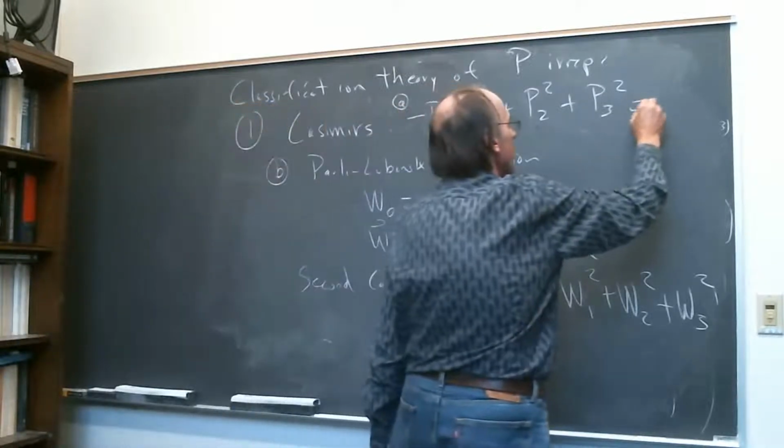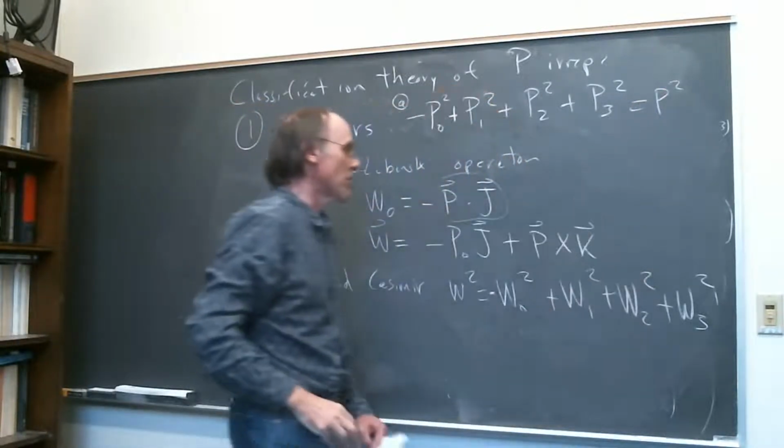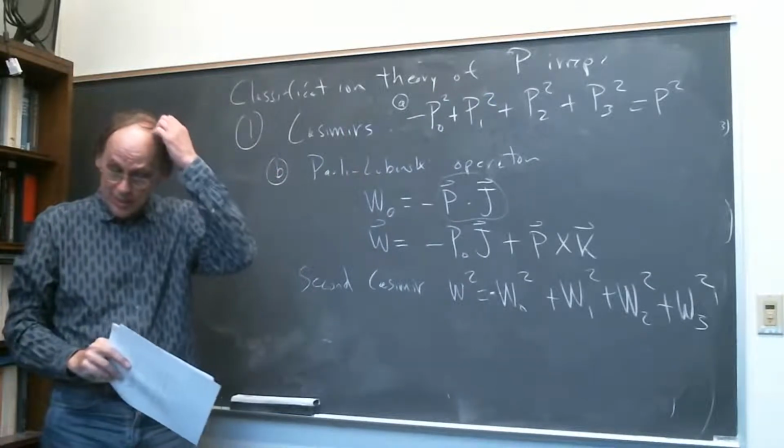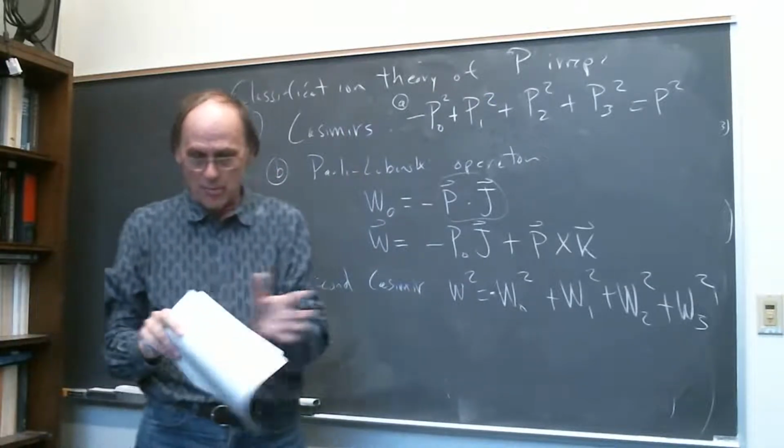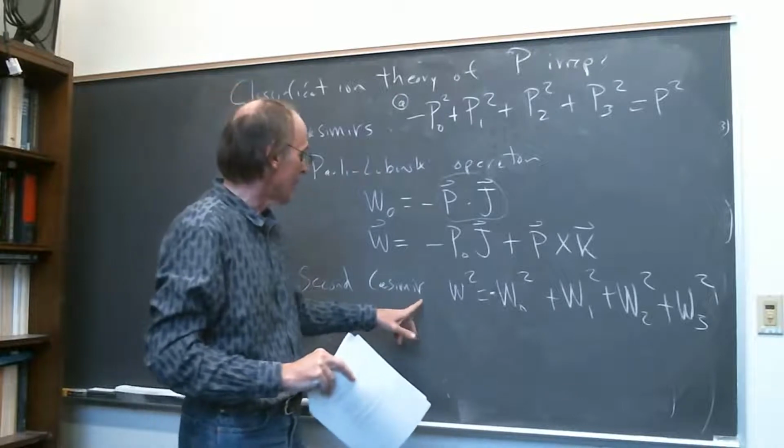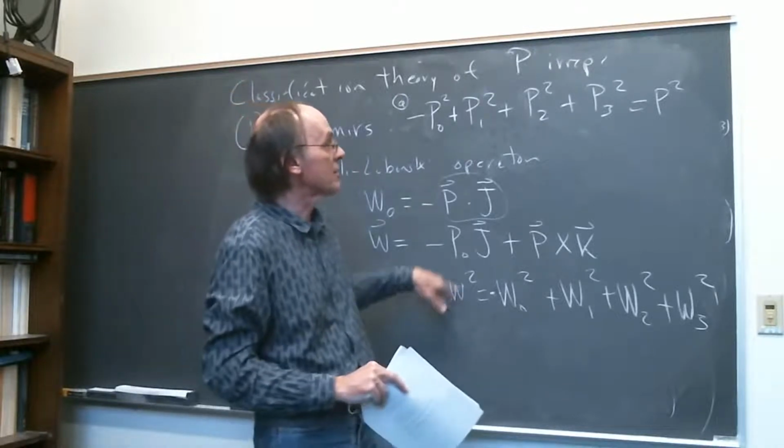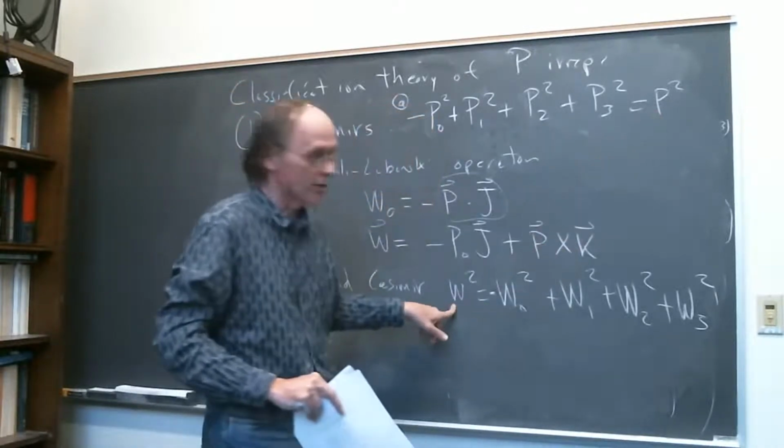But anyway, I call this maybe P squared. One way of trying to figure out what the possible representations are is to figure out the possible eigenvalues of P squared and of W squared.